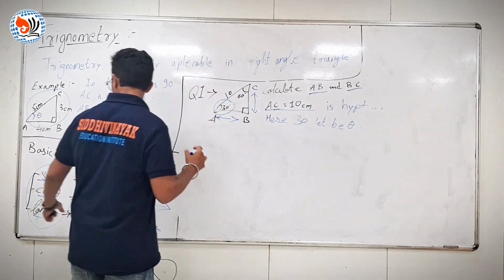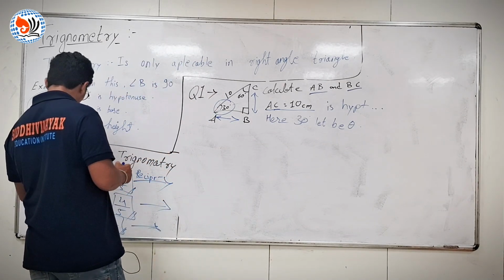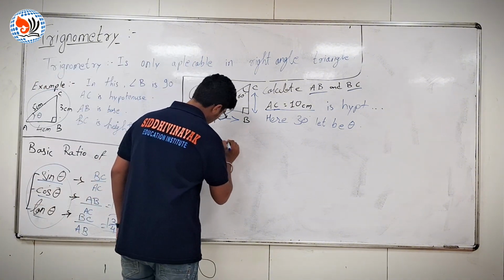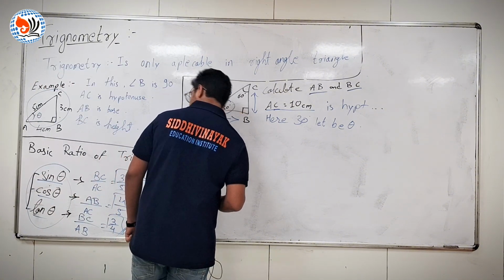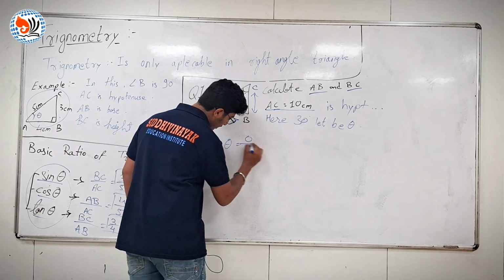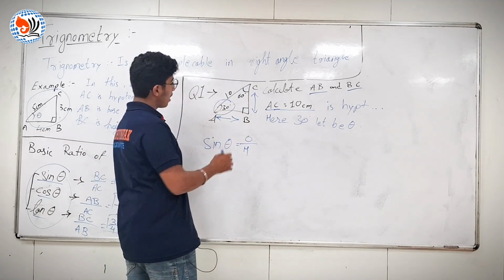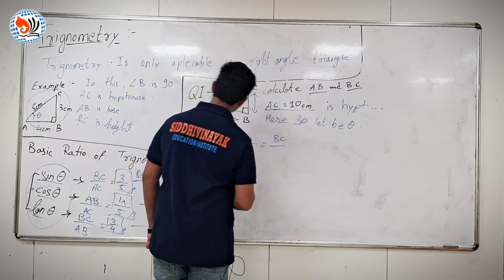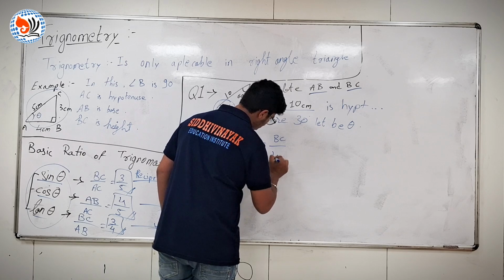The basic fundamental unit: sine theta is equal to opposite upon hypotenuse. The opposite side of this is BC, upon hypotenuse 10.